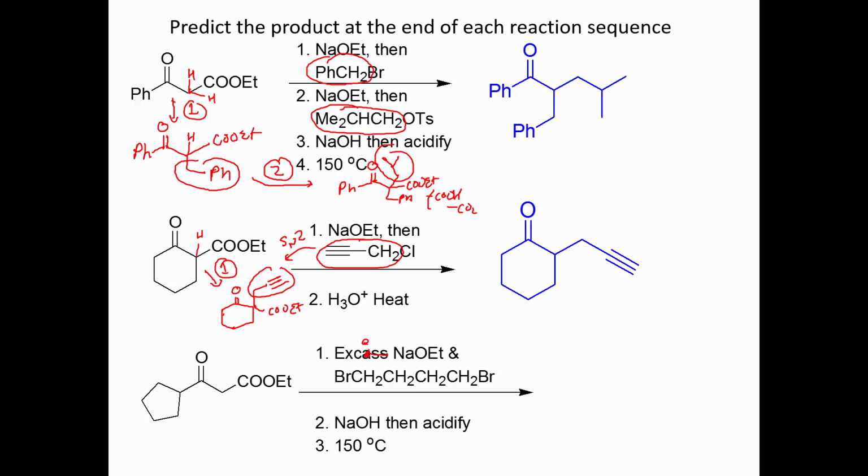So we're going to use excess sodium ethoxide here. It has to be greater than 2 moles. Okay, recognize that this is a dihalide. All right, so what's going to happen here is that, let's see, 1, 2, 3, 4, 5, and I have 4 there, so okay, excellent.